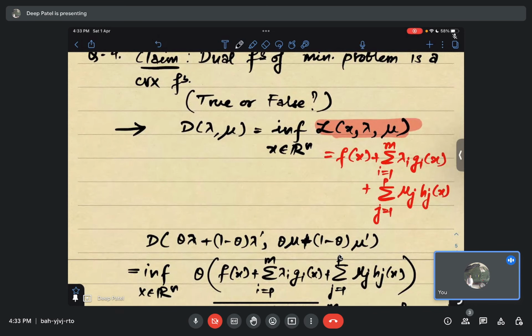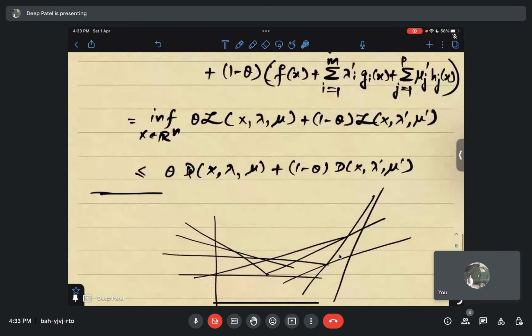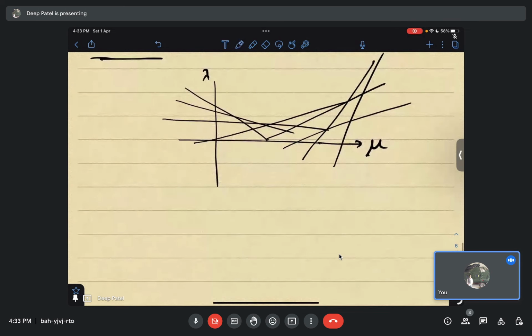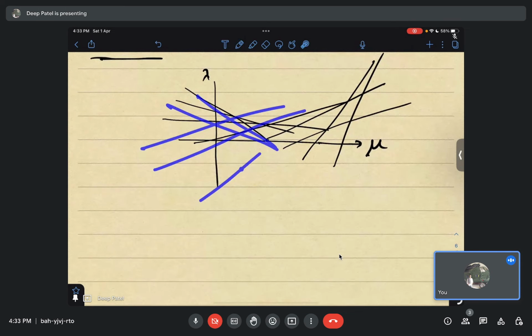So all that you're trying to say is just fix an x. What does this look like? Then it is affine in lambda and mu, right? So this will be for each lambda and mu. So some affine things going on.